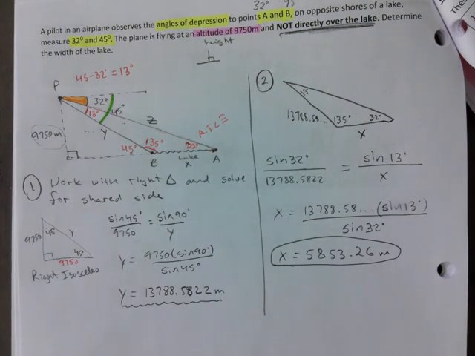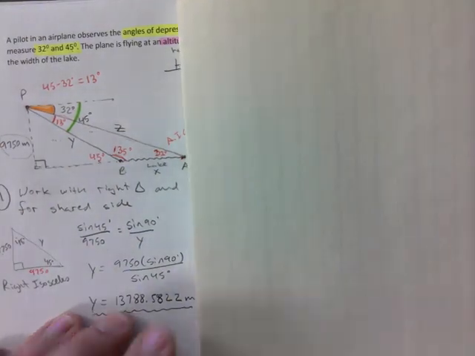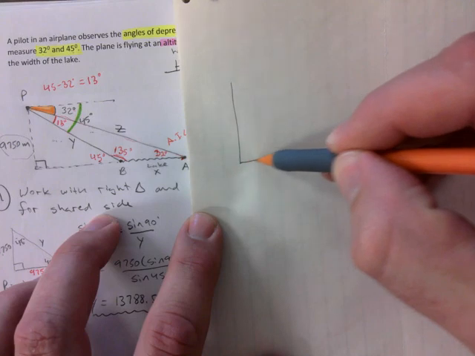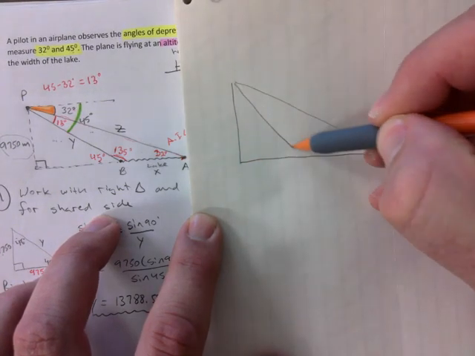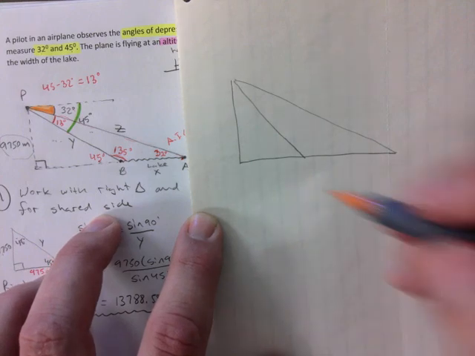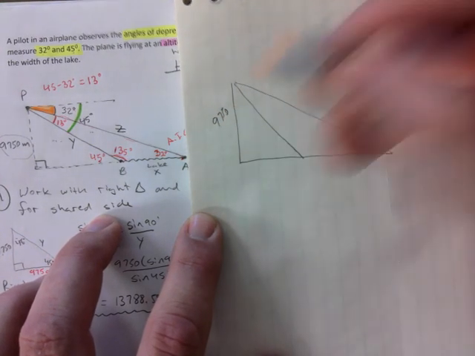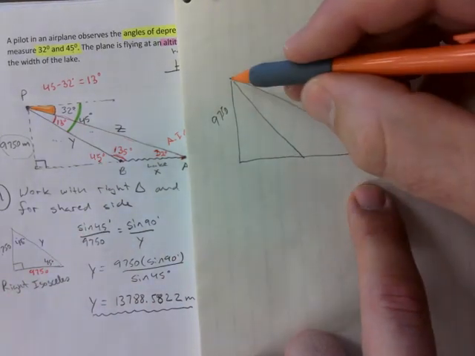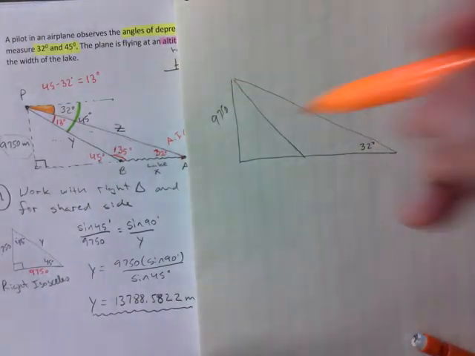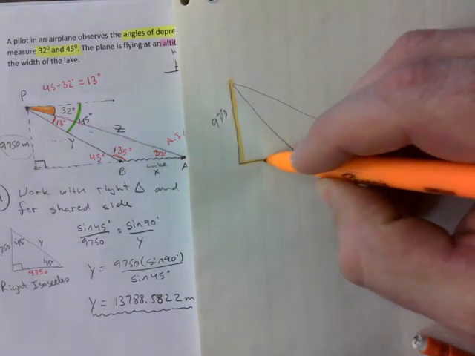Let me do this on scrap paper. I'm going to focus just on that right triangle, the big one here, and then there's another one right here. This is 9750. This is 32. If you're working with that one, just pay close attention because I might lose you here.